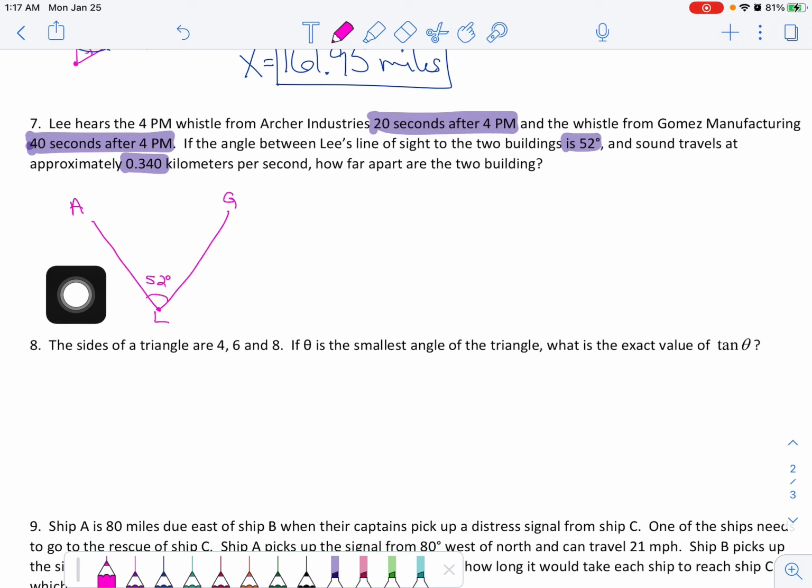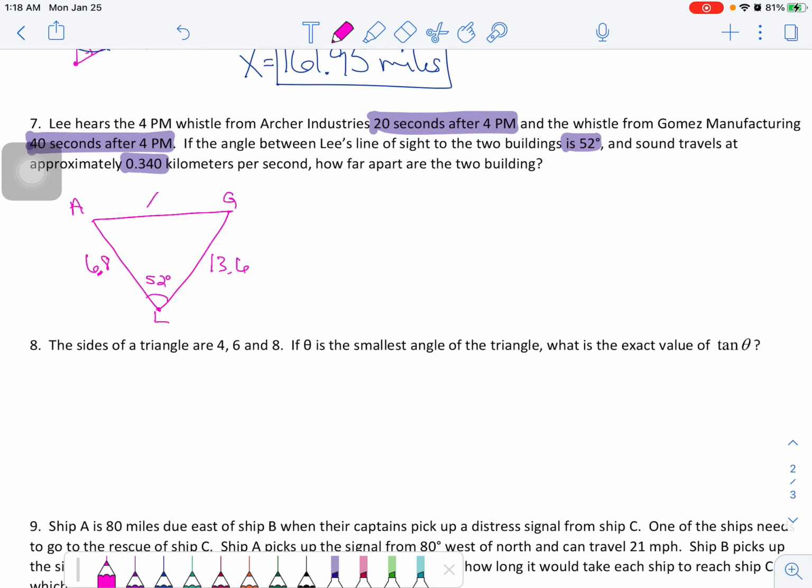So if it takes 20 seconds and sound travels 0.340 kilometers per second, from Lee to Archer Industries is 6.8 kilometers, and it's 40 seconds times the same rate, so it's going to be 13.6 kilometers.